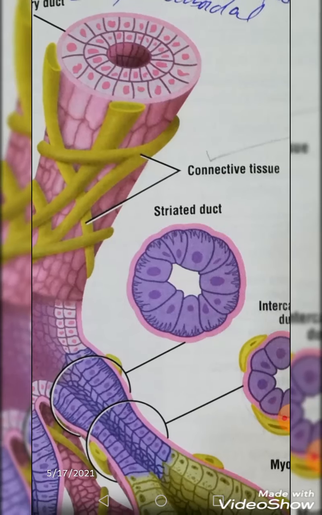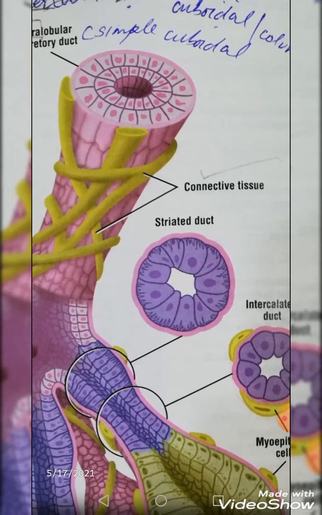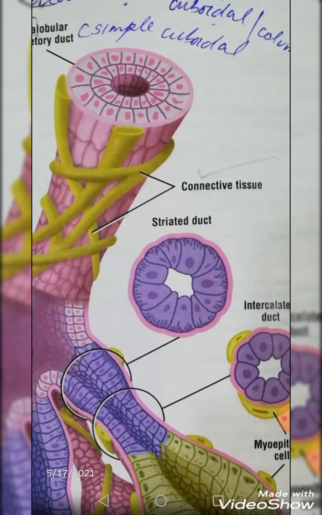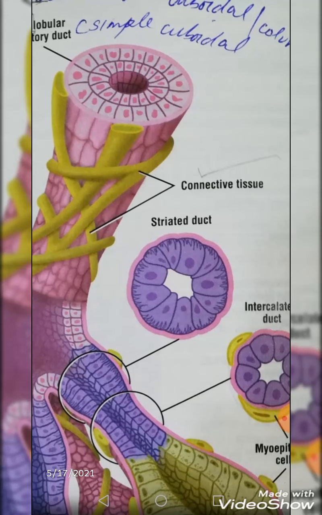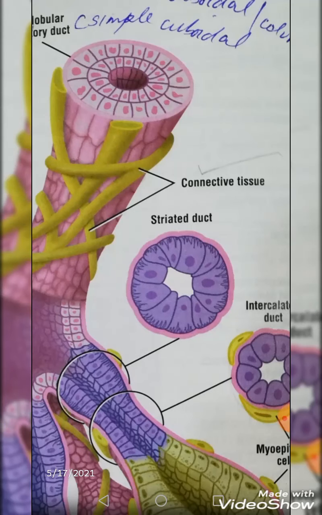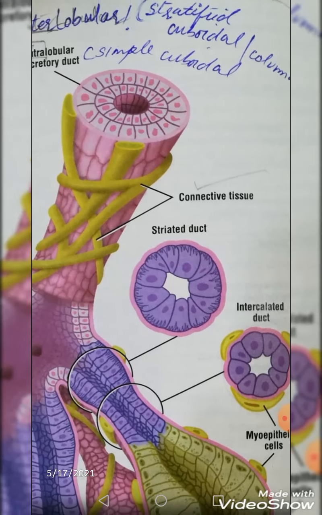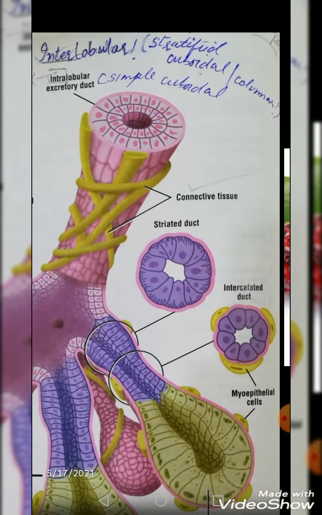Now we should know that the intercalated duct and these striated ducts are able to modify the secretion present inside the glands, or you can say they are the secretory duct system of the salivary glands.